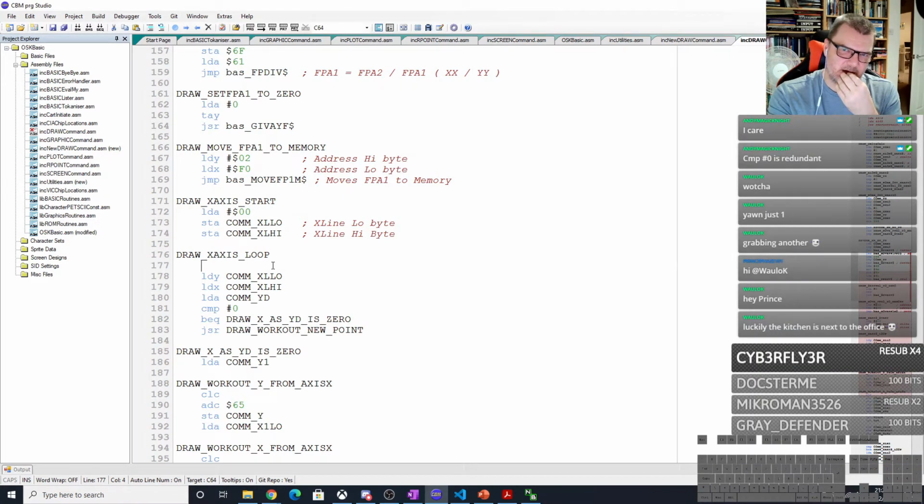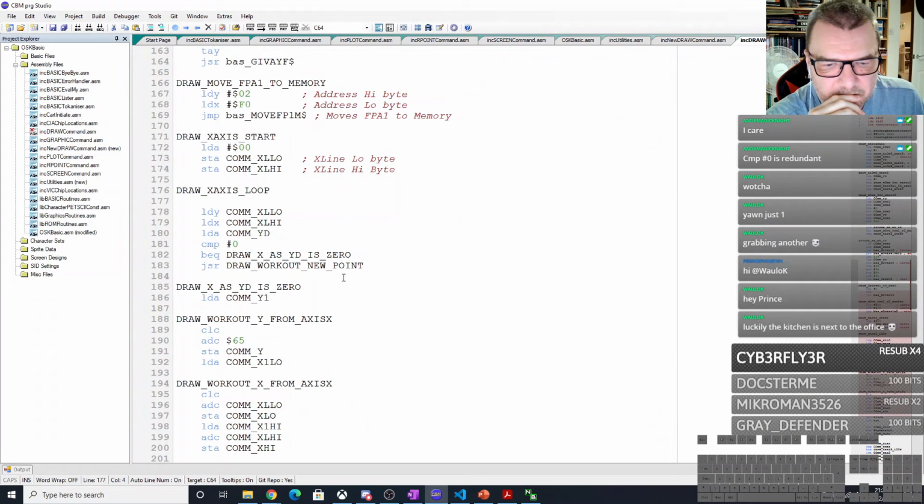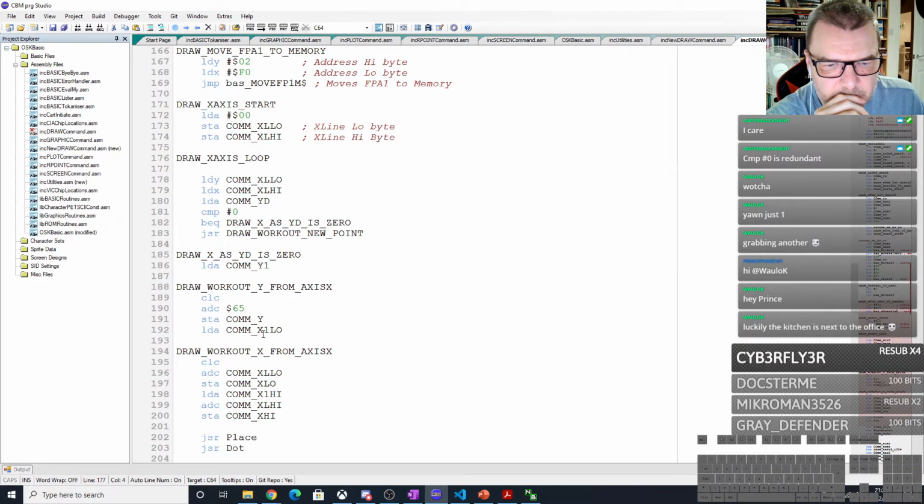will be Y1, isn't it? We start at Y1 and add or subtract our divider. Right, we need a divider. Have I got a divider in here? $65 was in that one.